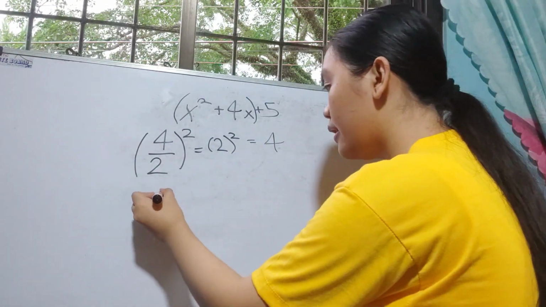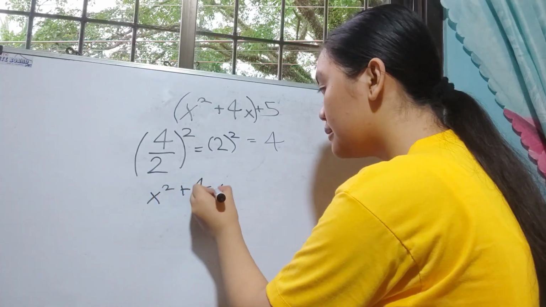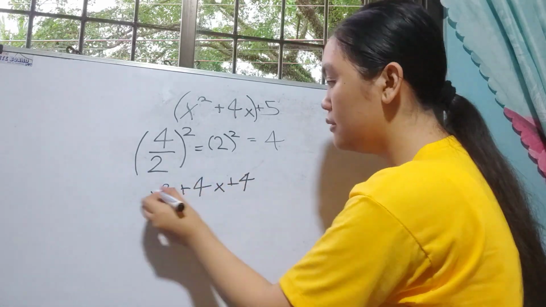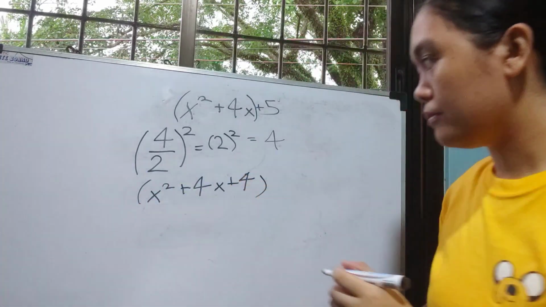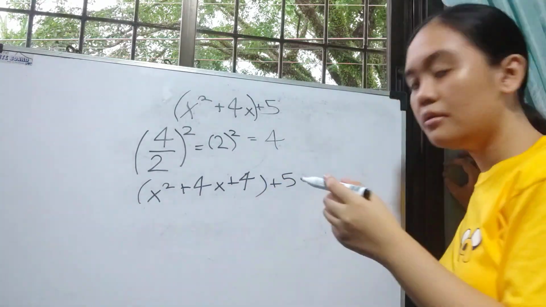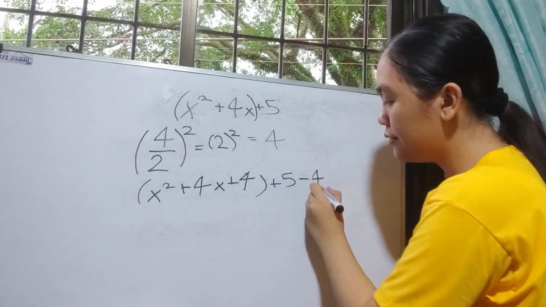So x squared plus 4x, plus 4, my bad, plus 5. And then we're going to add the same number here, but it's negative.